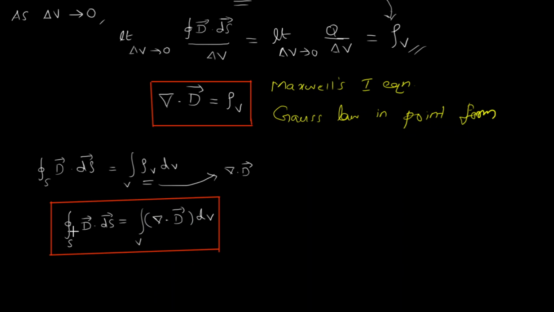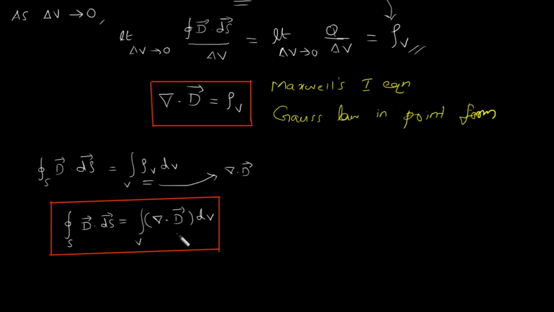So this is Gauss's law in integral form. This particular integral form can be stated in English as: the divergence of flux density, del dot D, from a small volume as the volume shrinks to 0, is equal to the total flux coming out of the closed surface.